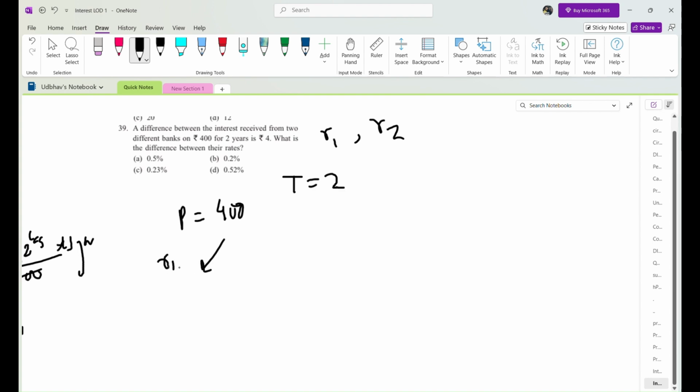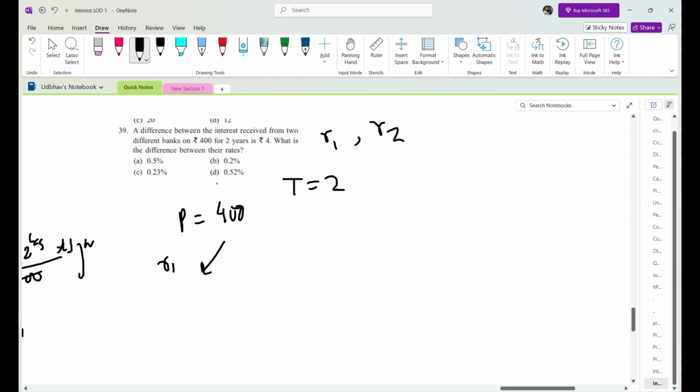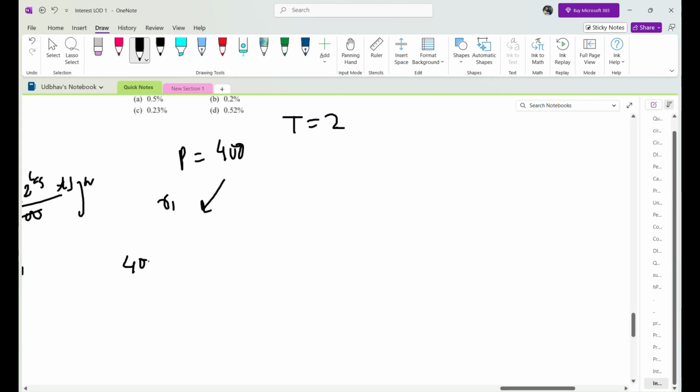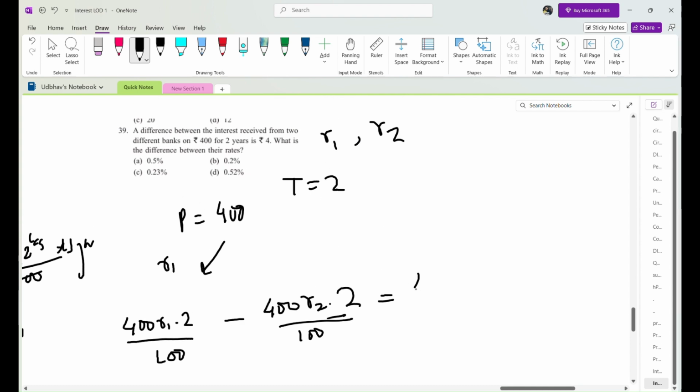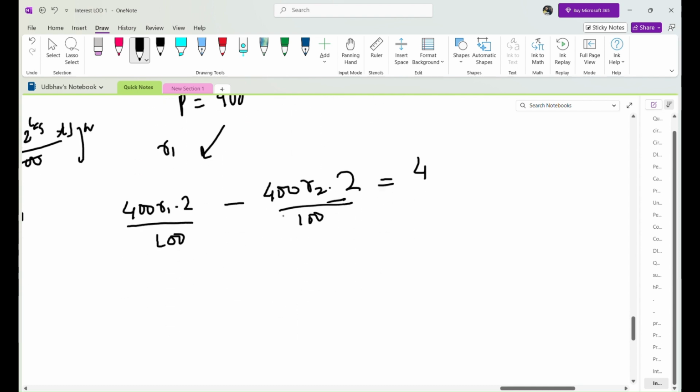So for R1, is it simple interest? If nothing is given, we will assume it's simple interest. 400 R1 into 2 upon 100 minus 400 R2 into 2 upon 100 equals 4.